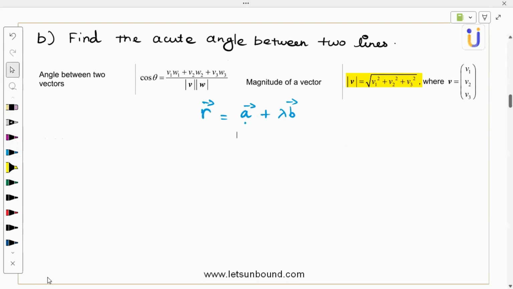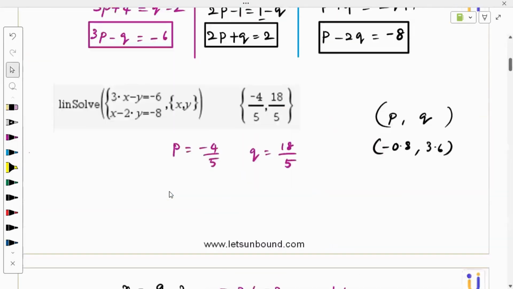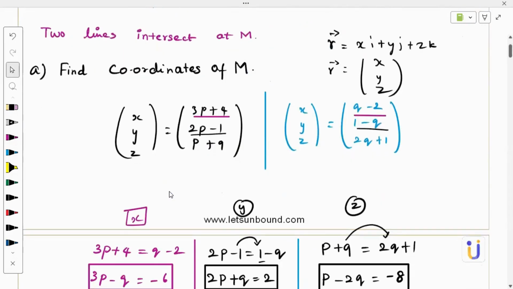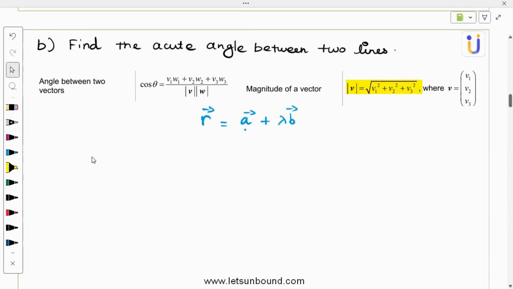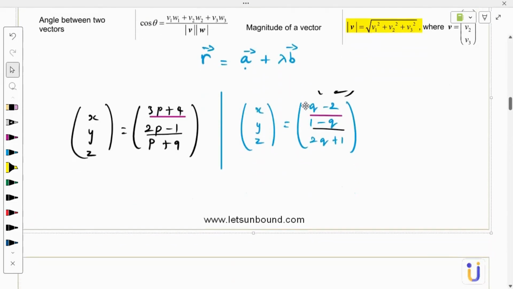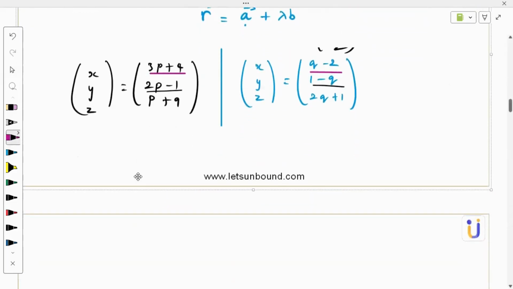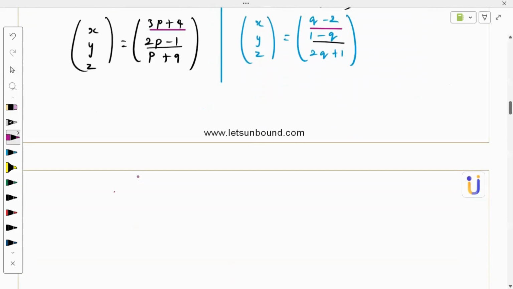Going back to the R vector, let's see how to separate it in the form fixed point plus direction. Let me take these two and paste them here. Okay, this is important. Don't just substitute P and Q blindly.